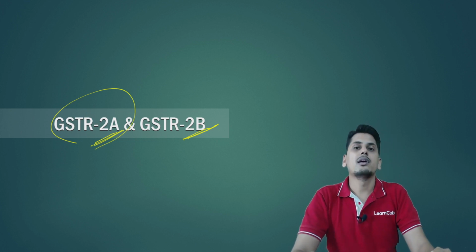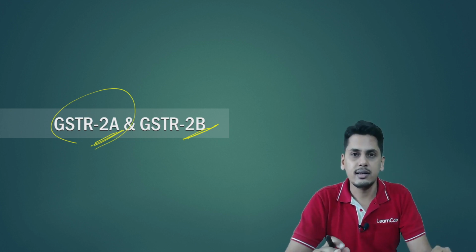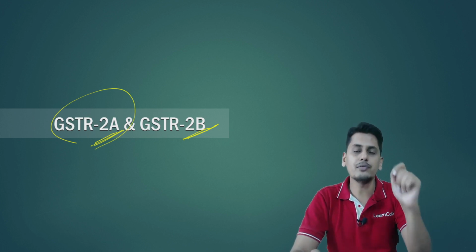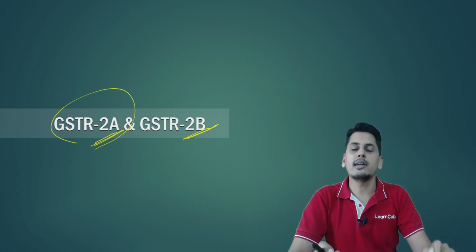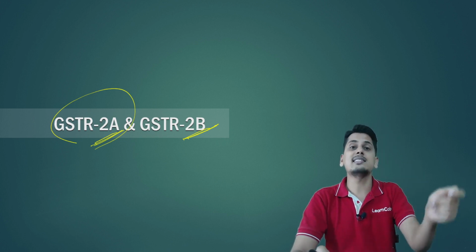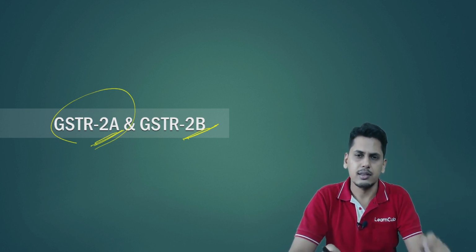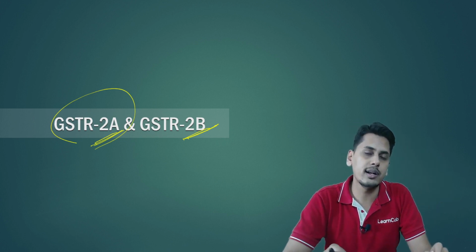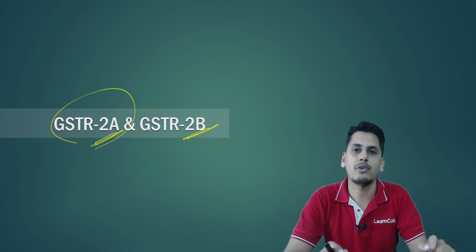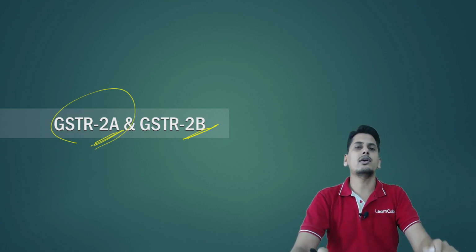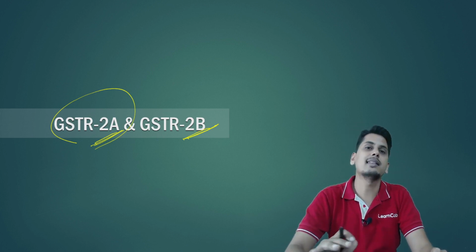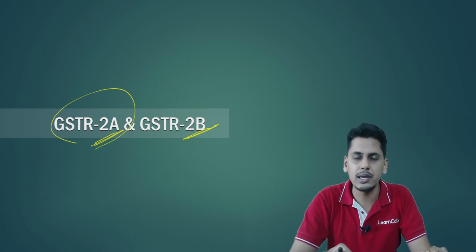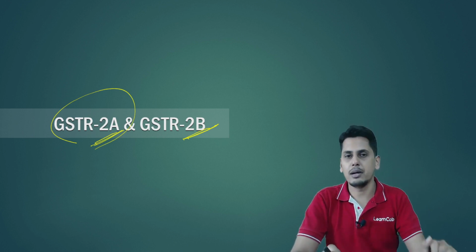Now friends, let's suppose there is an invoice dated August. The date of invoice is in August. Now this particular invoice is included in the GSTR-1 of August. What is the due date of filing GSTR-1 for August month? If it is a monthly filer, the due date happens to be 11th of September.